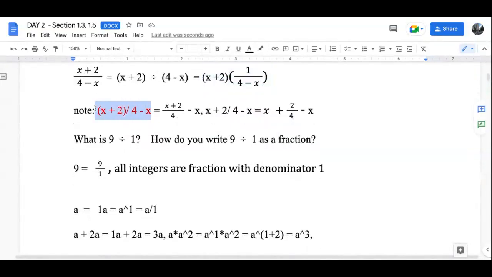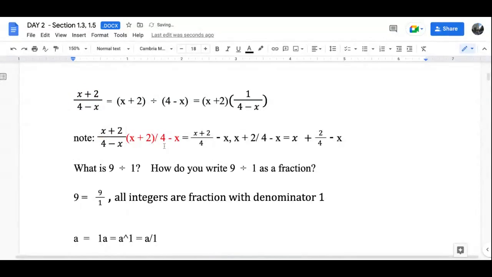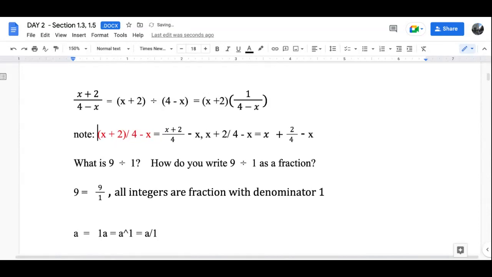Let's look at this one. You see in the denominator, we do not have 4 minus x. You know what? Let me rewrite this. Let me use this better version. Oh no, this is not equal to this. So when we write it like a slash, if we put a parenthesis, that indicates the denominator is 4 minus x.